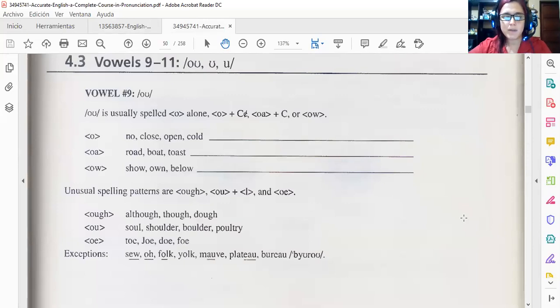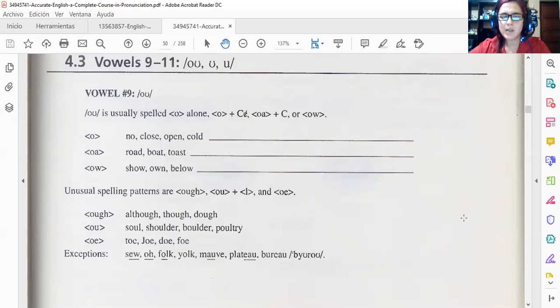The first rule you can see here is that usually you're going to find O when the letter O is alone, or when O has the combination I told you before, a consonant and an E that is silent at the end.